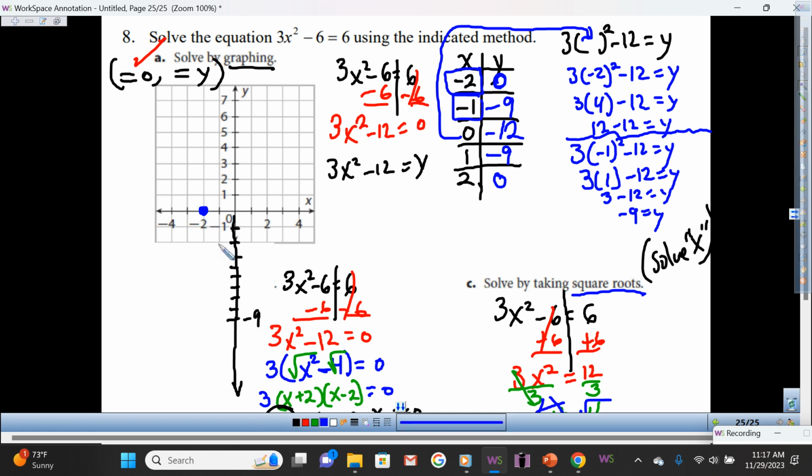So negative 1, negative 9 is about right there. Next one, 0, negative 12, so I need to go further down. 10, 11, 12. And then 1, negative 9. And 2, 0. All right, let's graph our parabola from left to right.